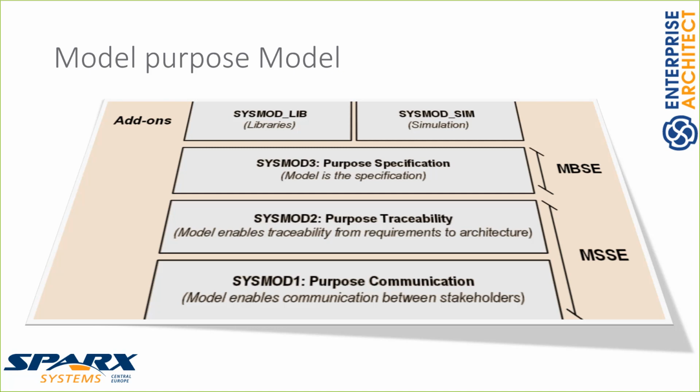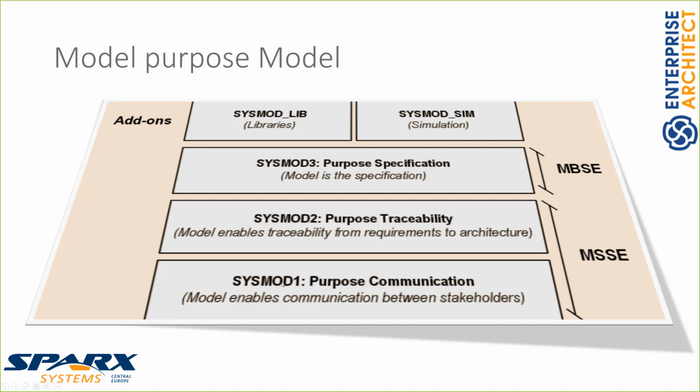The SysMOD model purpose model is a simple description of three levels of modeling objectives. It is not intended to be a maturity model, although the levels represent increasing capabilities of modeling. It has three levels and two add-ons. Only the third level, SysMOD 3, is real model-based systems engineering with models as the primary source for the systems engineering data.